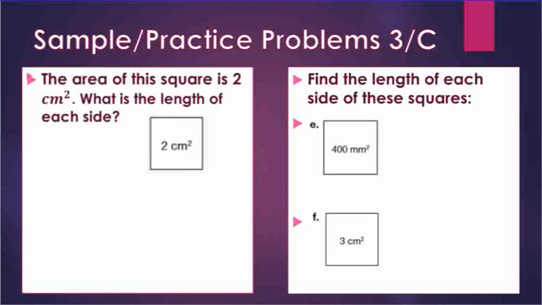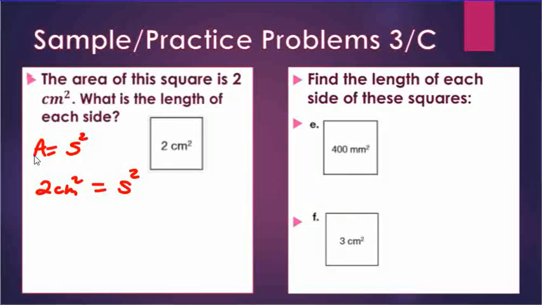These next problems are word problems. The area of this square is 2 centimeters squared. What is the length of each side? Remember, area equals the side squared for a square. If the area is 2 square centimeters, I need to find what s would be.